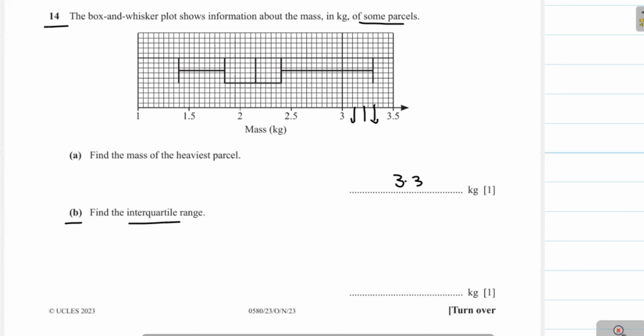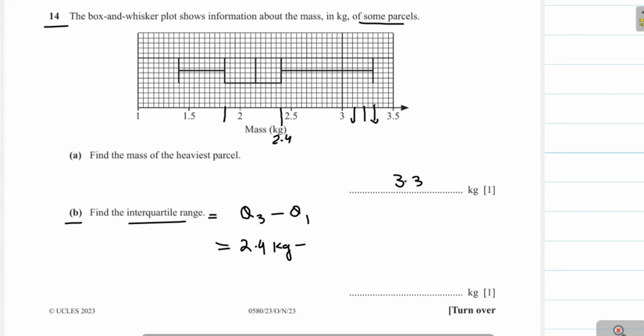Part B, find the interquartile range. Interquartile range is the difference between the upper quartile and the lower quartile. Here is the upper quartile value. You see here, this is the upper quartile value, and that upper quartile value is equal to 2.4. Now we write 2.4 kg minus the lower quartile value.